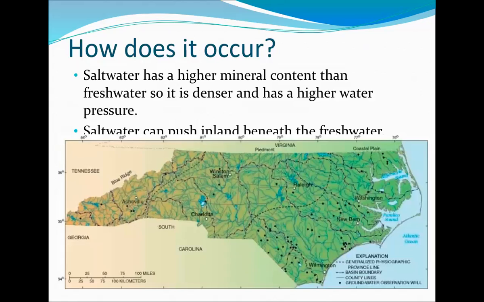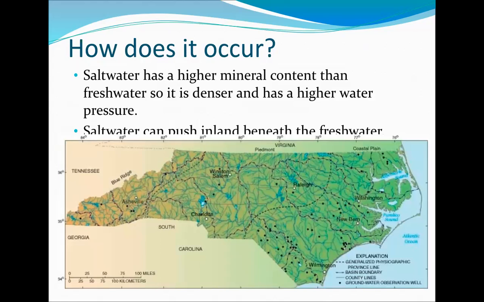How does it occur? How does it happen? So saltwater has a higher mineral content than freshwater. So because of this, it's denser and has a high water pressure. So we've talked about the denseness. So if we were to take, for example, oil and water, where do oil and water mix, first of all? No. Where does the oil go? Where does the water go?